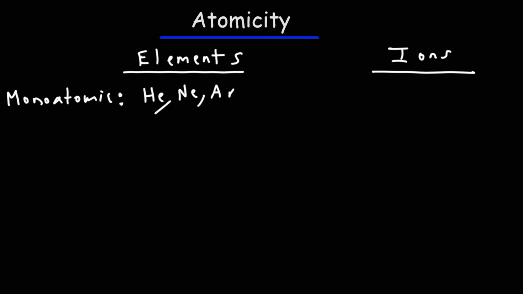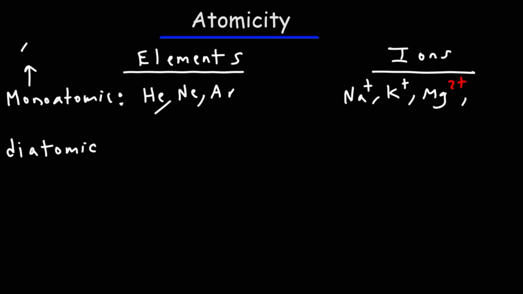Monoatomic ions would include examples like the sodium ion, the potassium ion, the Mg2+ ion. These are single particle ions.